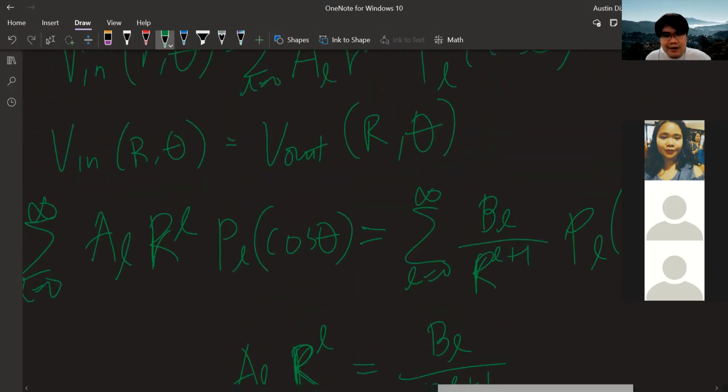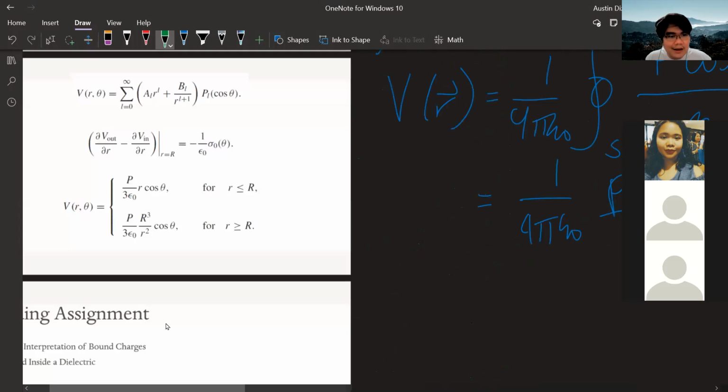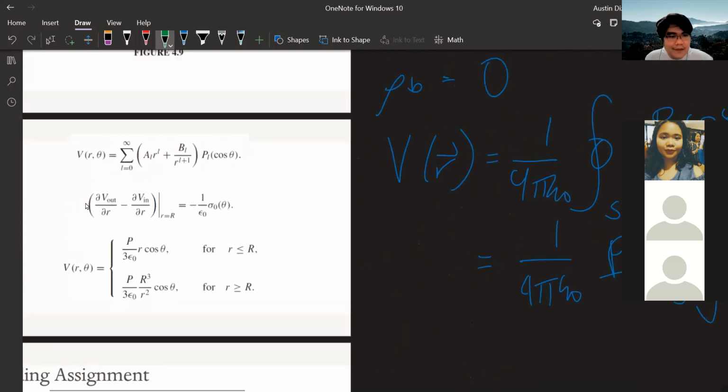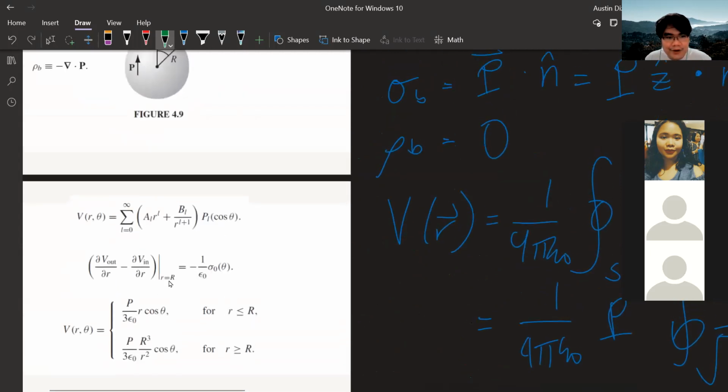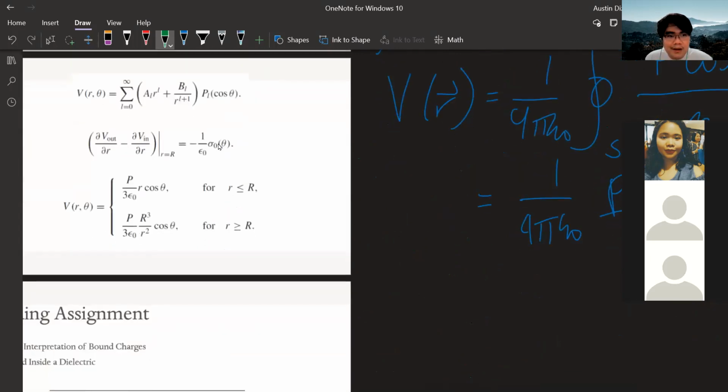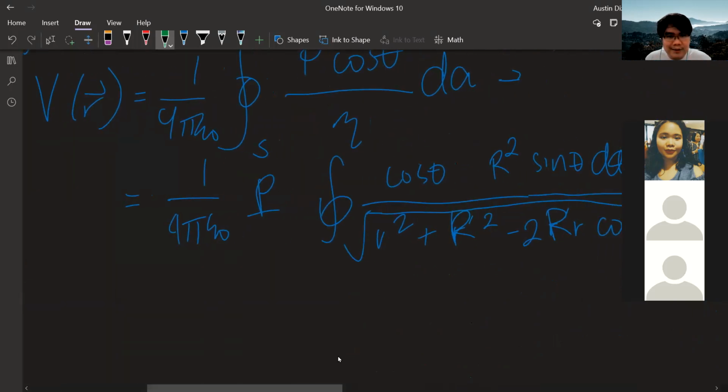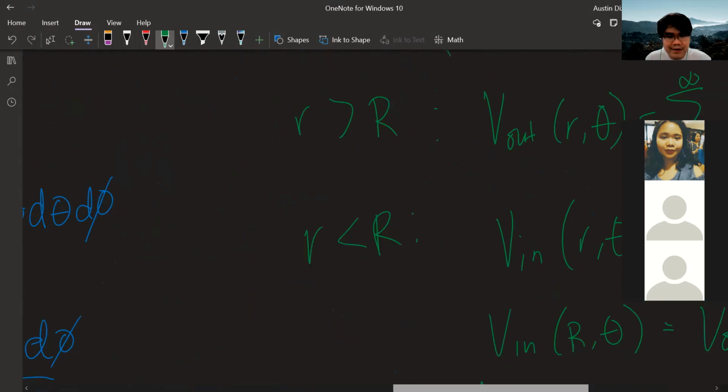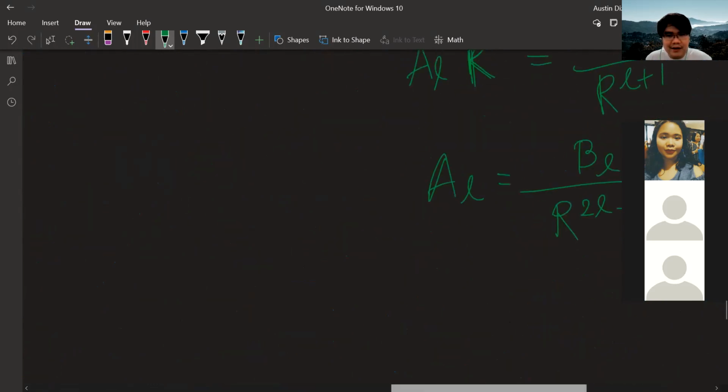Now, another boundary condition gagamitin natin, which is the discontinuity between the outside and the inside, at of course R is equal to R, must be equal to the sigma over epsilon. Okay, alam natin yung sigma natin, which is P cosine theta. Easy.